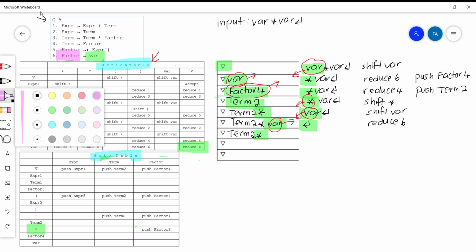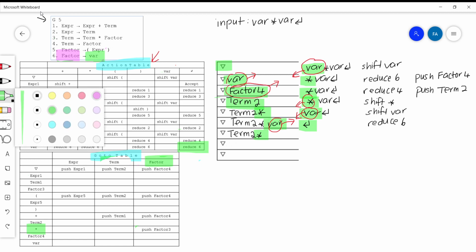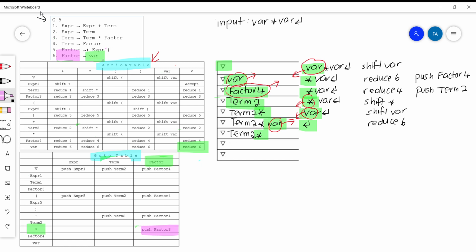So star, that meets factor, it reads push factor 3. So I will write push factor 3, and I will push factor 3 on top of our stack, and I will retain our current input pointer.